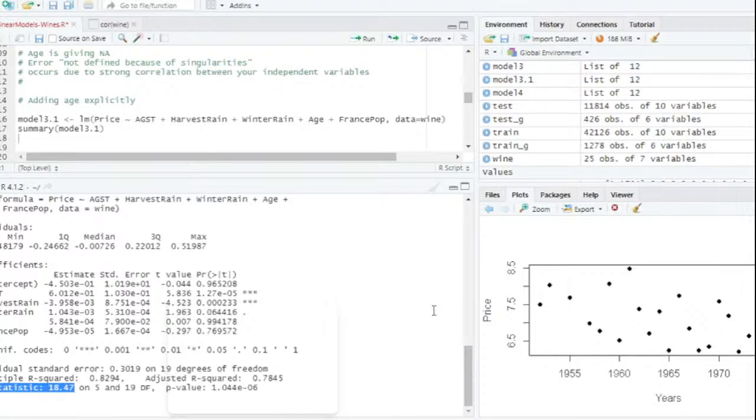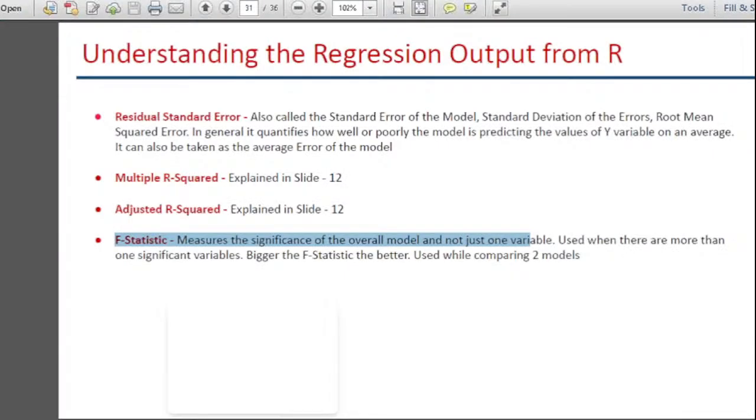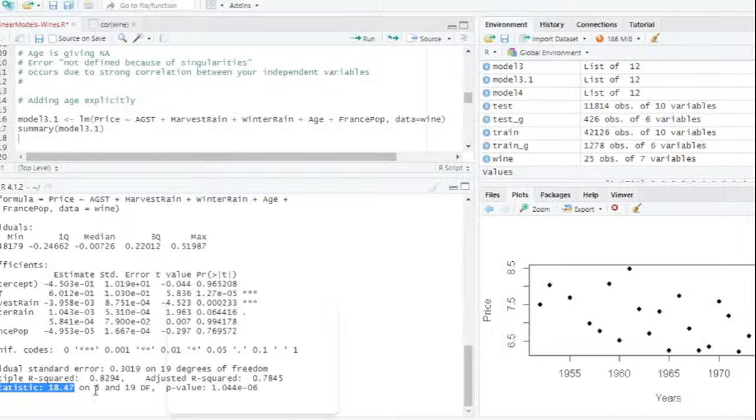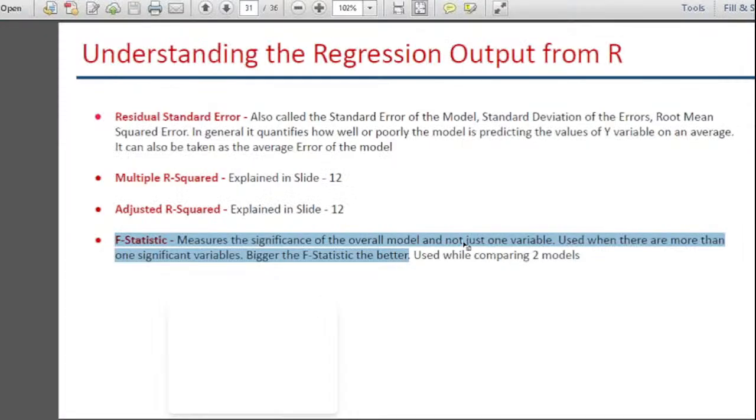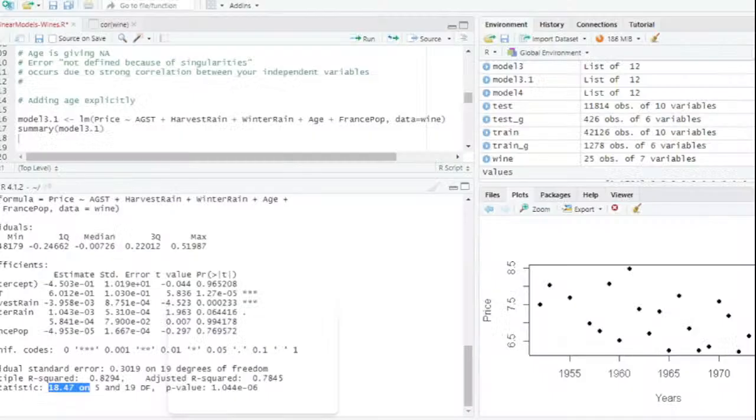If I have to compare two models, then I also use the F statistic. The bigger the F statistic, the better the model. You just have to remember this. When you are looking at the output and comparing two models, a bigger F statistic means a better model. Okay, clear? That's how you interpret the output.